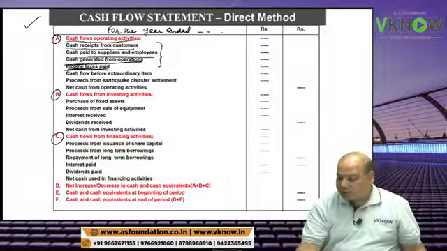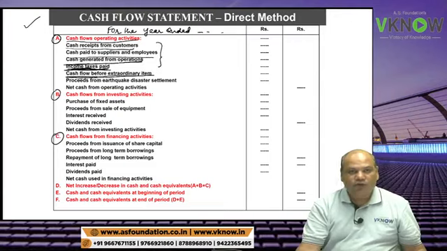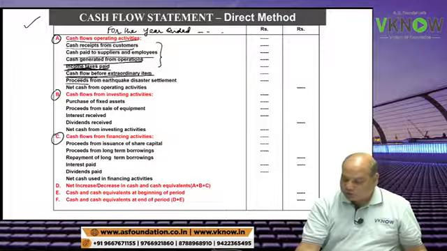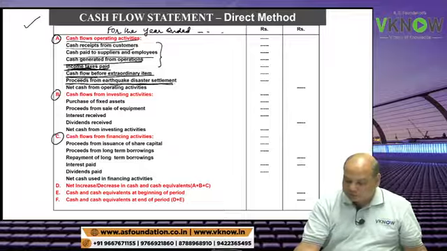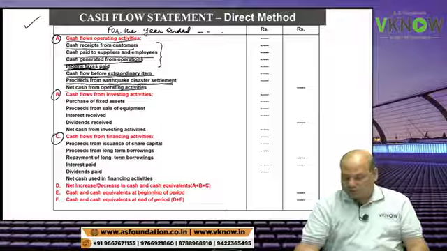Income tax paid will be shown separately. Cash flow before extraordinary item. If you have any extraordinary cash flow, not related to day-to-day operations, you will write it separately, such as proceeds from earthquake disaster settlement, and therefore net cash flow from operating activities.